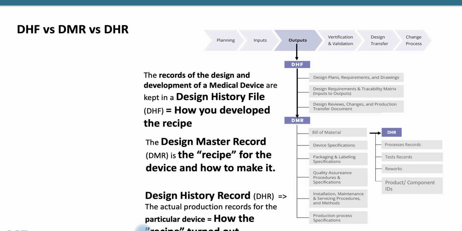So let me remind you what the difference is between DHF, DMR, and DHR. So there is an error here. It's supposed to be Device.